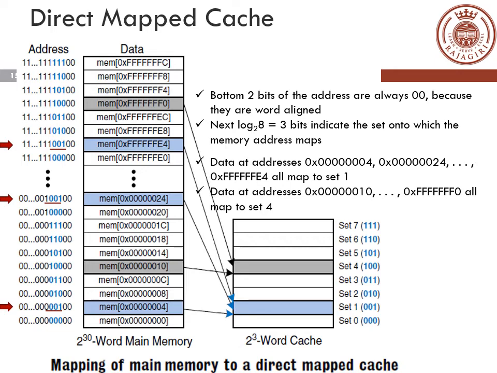Now going further up, you can see FFE0 again has 000 in the blue color. So these three blocks, there are many more, have the set value 000. These blocks can only map to set 0. So that's how this particular mapping process happens.